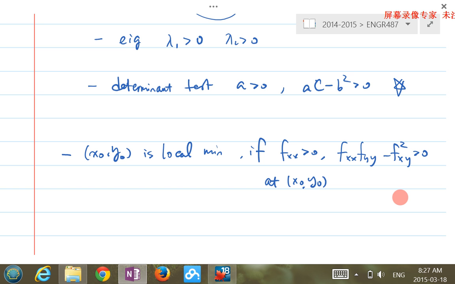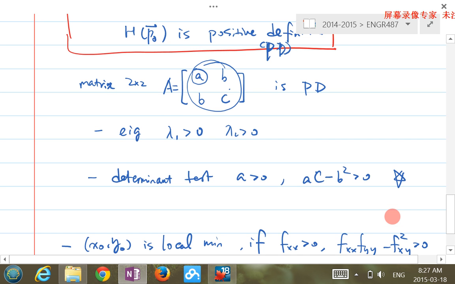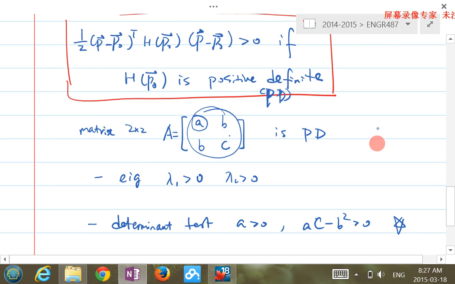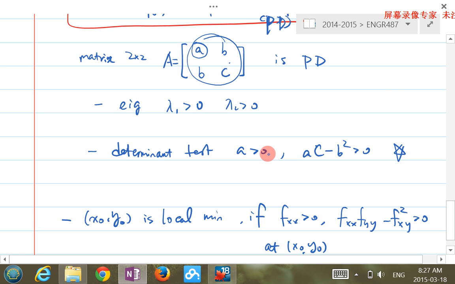That makes sense? And then this guy will be a local max if this matrix is negative definite. So what makes it not positive definite is when A is less than 0 while this term is still greater than 0.